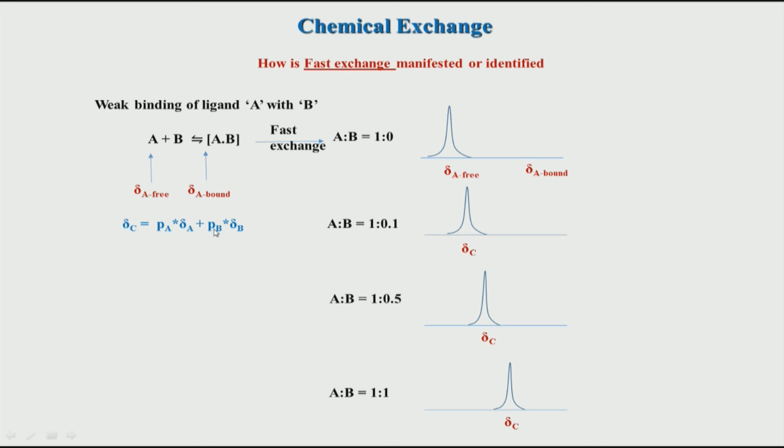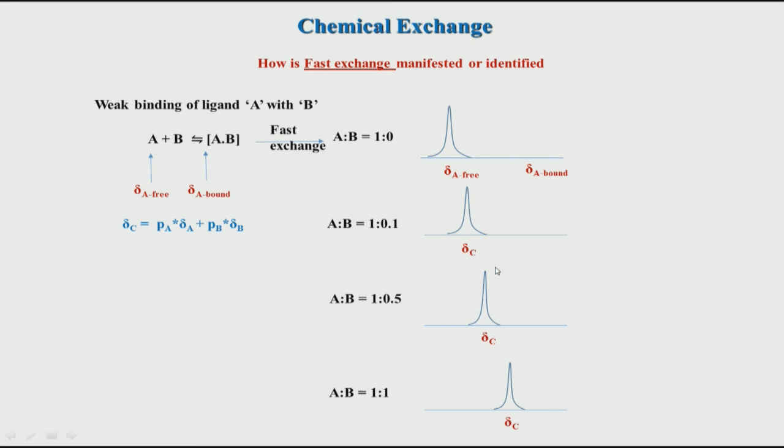The B will dominate because I have too much of B added, and therefore, the complex is now a very high population compared to the free form. So, in that scenario this peak will be completely towards the B form.